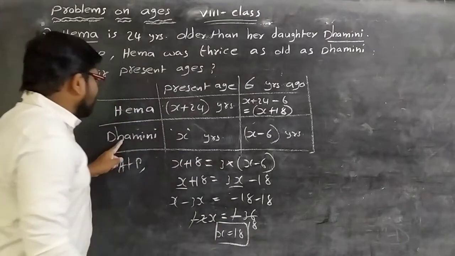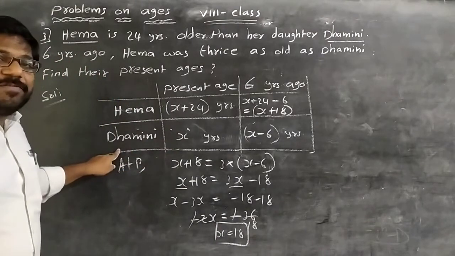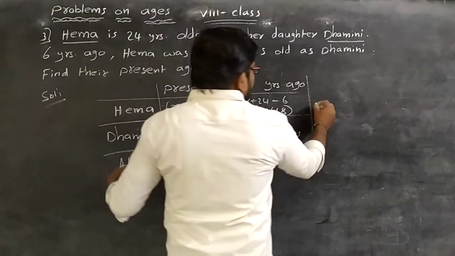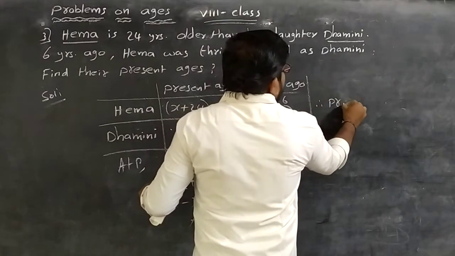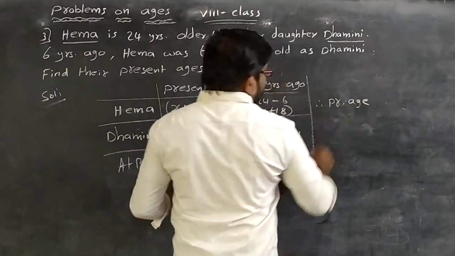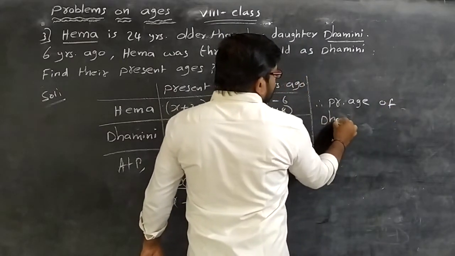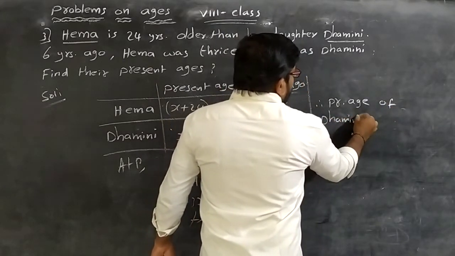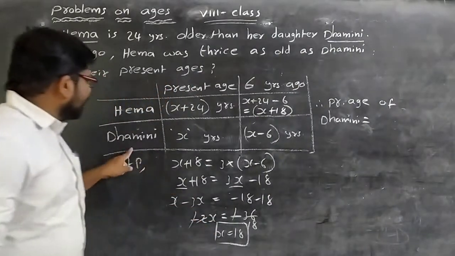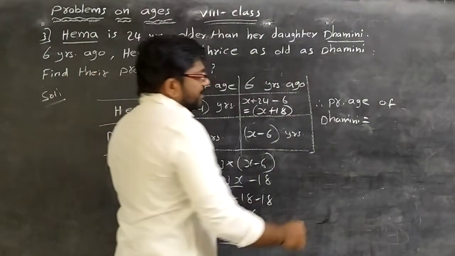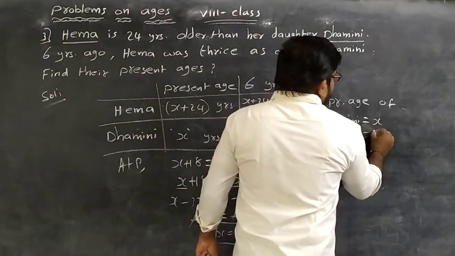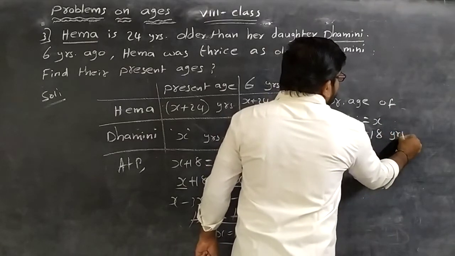So what does x represent here? The present age of Damini. So therefore, the present age of Damini, that is x, is 18 years. Right?